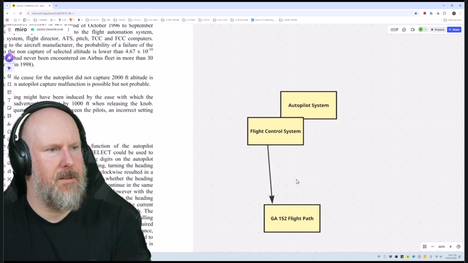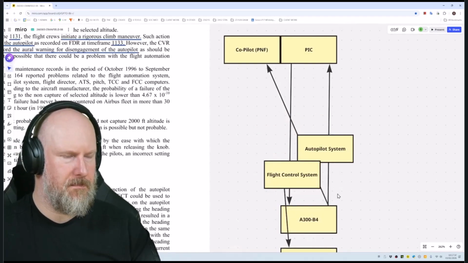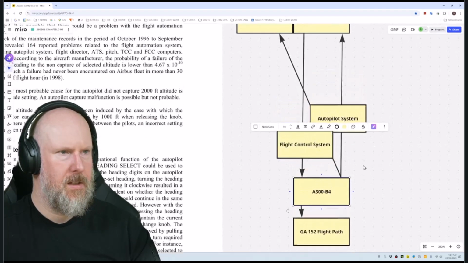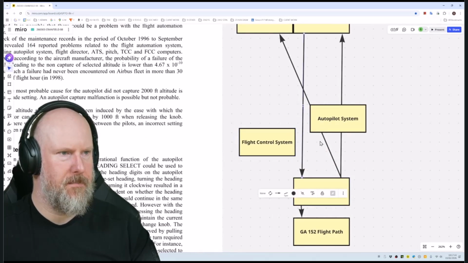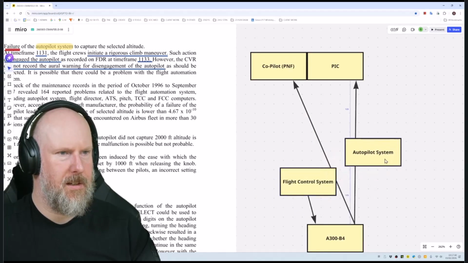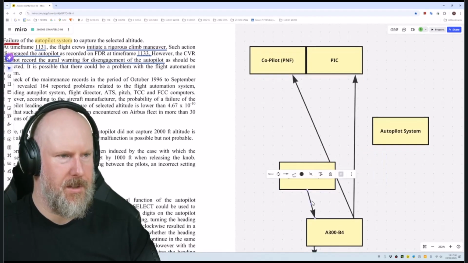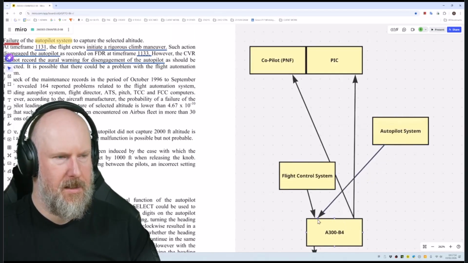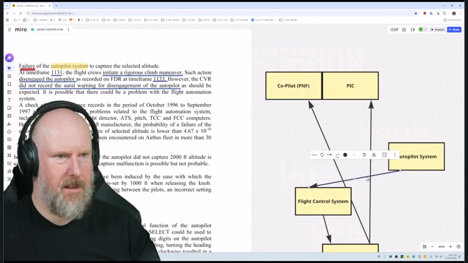Flight control system, like that. And then we've got an autopilot system that also interacts with the aircraft, like that. In fact, no, it's probably like that, isn't it?